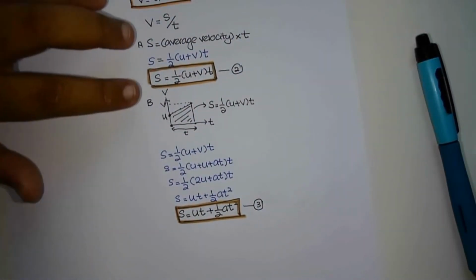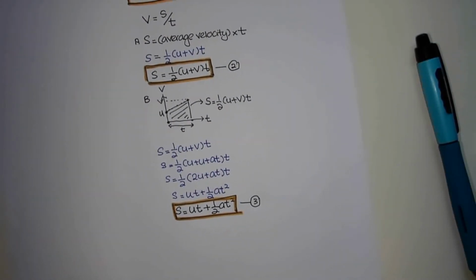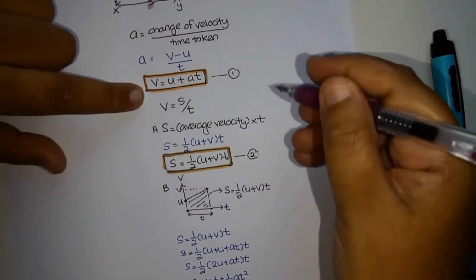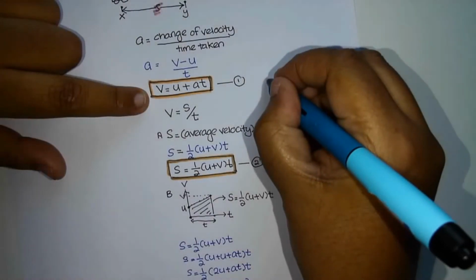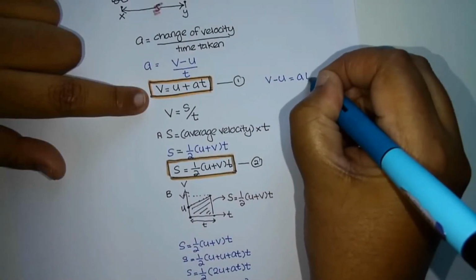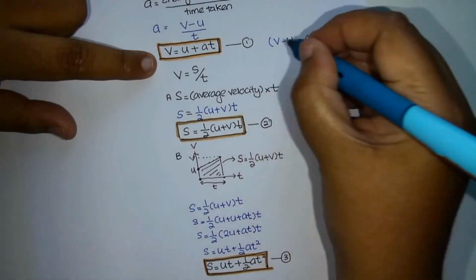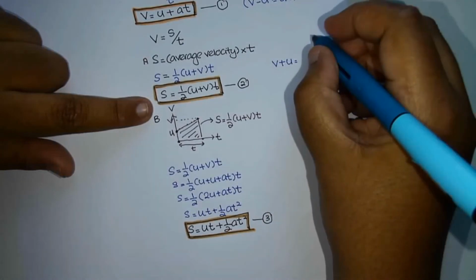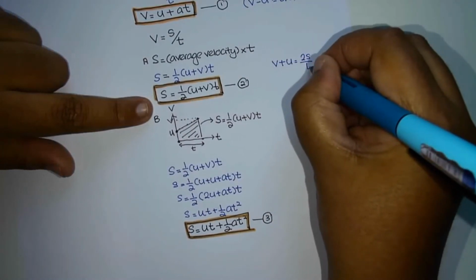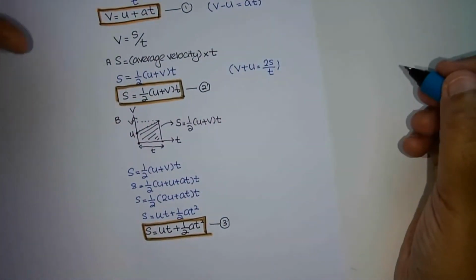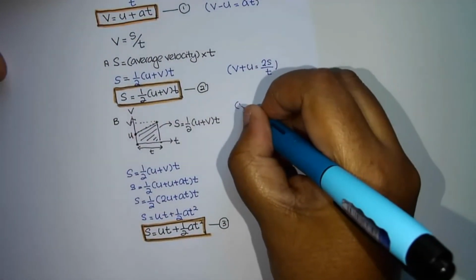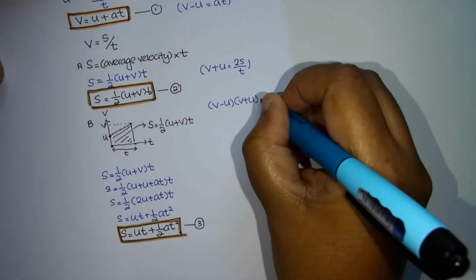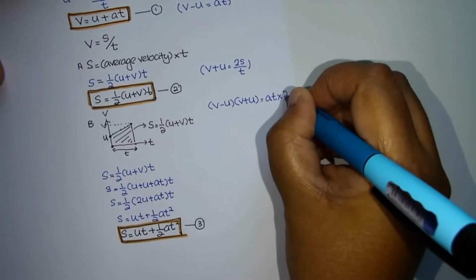Now let's see. Combining 1 and 2, you also can get another formula. From number 1, v minus u is equal to at. From number 2, v plus u equals 2s over t. Then v minus u times v plus u gives at times 2s over t.